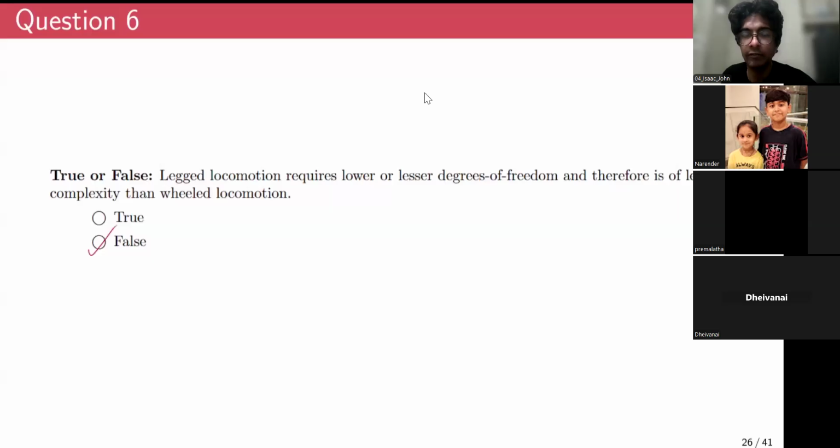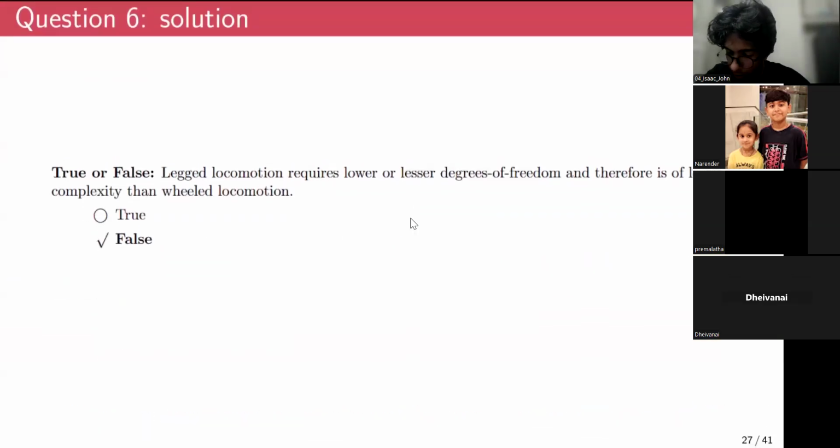I hope I don't need any further clarification, because we can all unanimously agree that legged locomotion is far more complex, because in a leg, you can have multiple joints, like a hip joint. Hip joint itself has 2-3 degrees of freedom. Then you have the knee joint, the ankle joint, multiple joints, multiple links. So inherently, it's far more complex than a wheel locomotion, where you just require a wheel. You can probably have 1 degree of freedom to control its velocity and 1 more degree of freedom if you are required to control its steering axis. So the answer is indeed false.